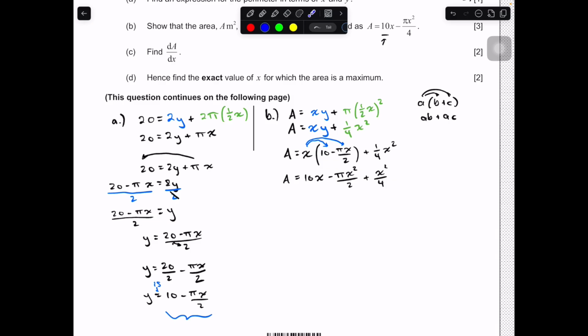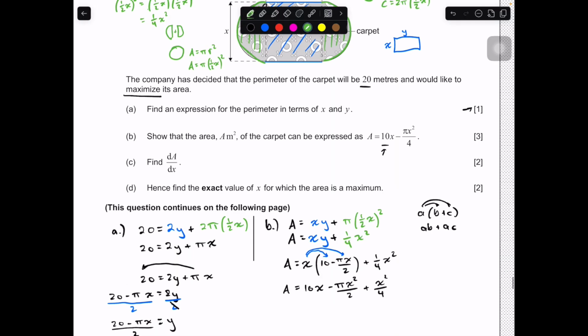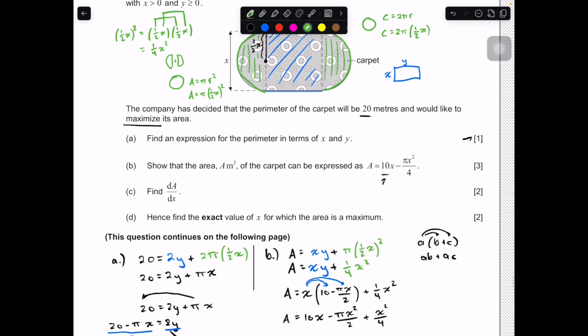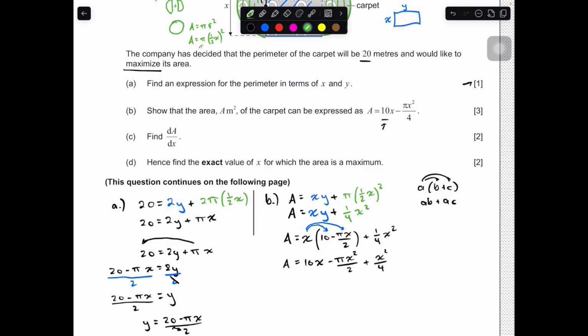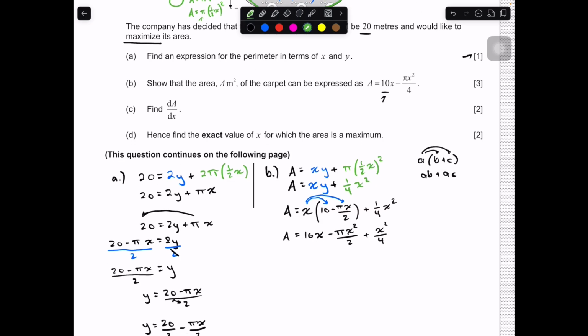It looks like on this step, this half x squared turned into 1/4 x squared, but I forgot to write the pi here. So I'm going to bring that back. I'm not sure if that happened up here. I took this 1/4 x but forgot the pi. So this is 1/4 pi x squared, and that means this is also pi x squared over 4.